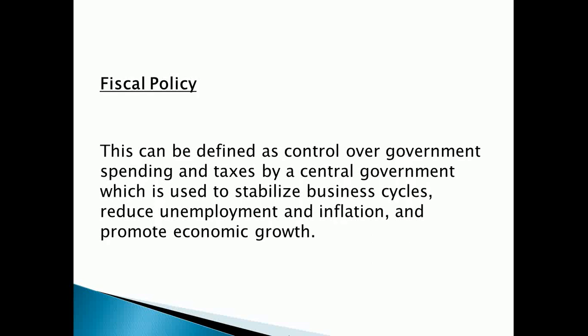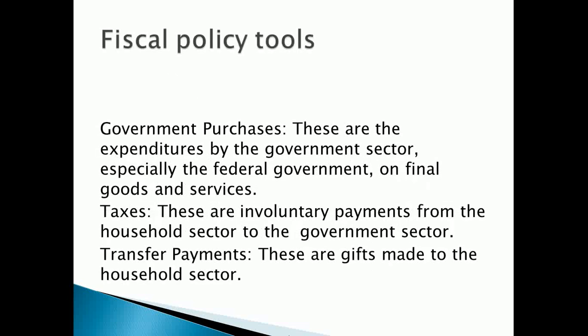Expansionary and contractionary policies in monetary policy can be used to control the velocity of circulation of money. Also, they can be used to control the level of interest rate. For example, expansionary monetary policy focuses on correcting business cycle contractions. When there is unemployment, expansionary monetary policy addresses it.